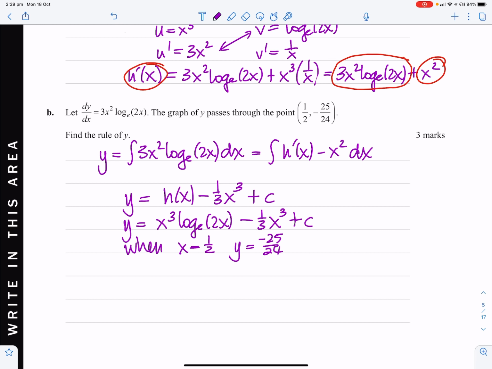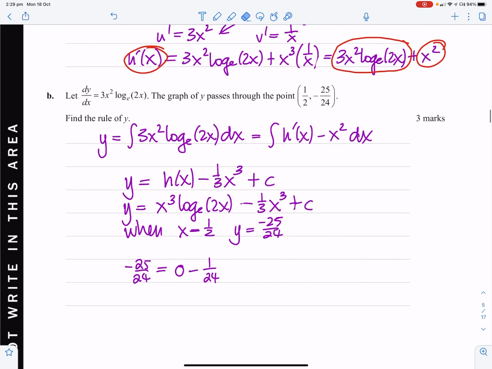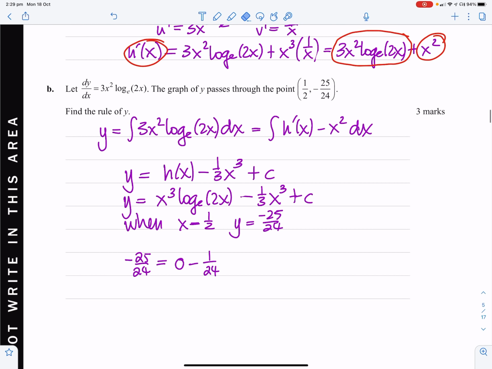Okay, we get negative 25 on 24 is equal to, if I sub a half into that, it's actually 0 because log of 1 is 0. If I put a half into this, I get negative 1 on 24 because a half cubed is an eighth, and if I multiply it by a third, I get 1 on 24 plus c.